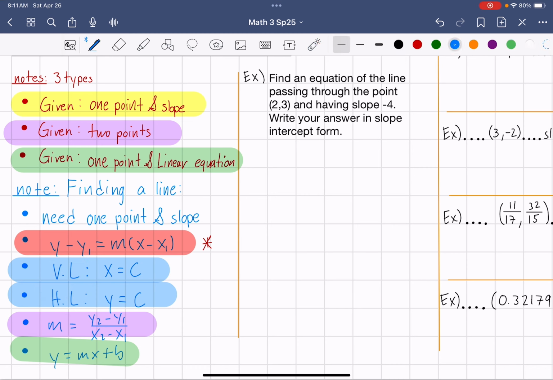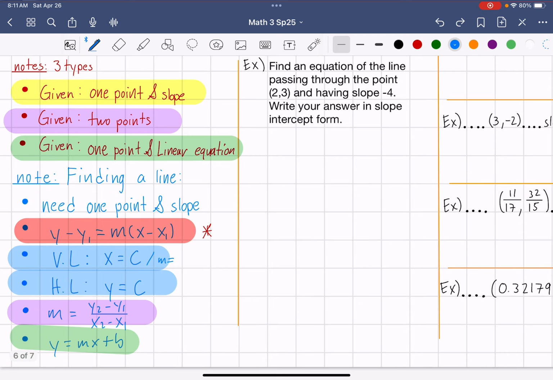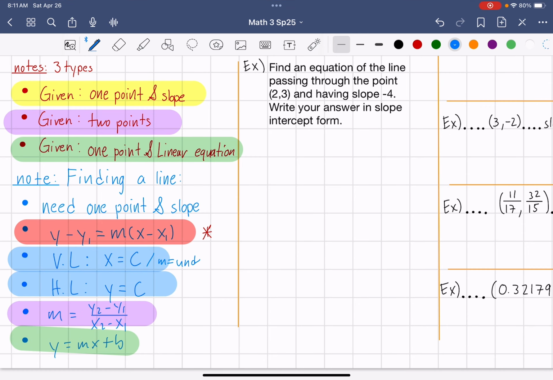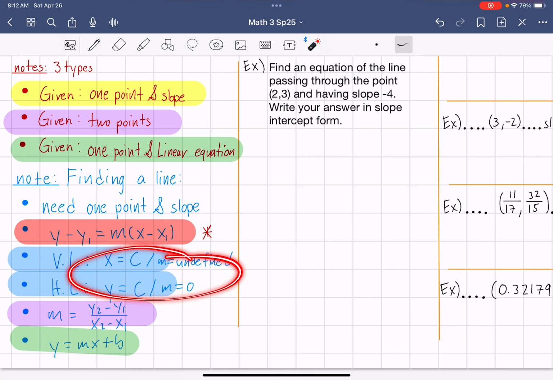And when we talk about horizontal and vertical lines, there's also an implicit way of asking for them, and that is if they tell you that the slope is undefined. Because the slope of all vertical lines is undefined, and the slope of all horizontal lines is 0. So if any of these situations occur, you know you can just find the x coordinate or find the y coordinate.